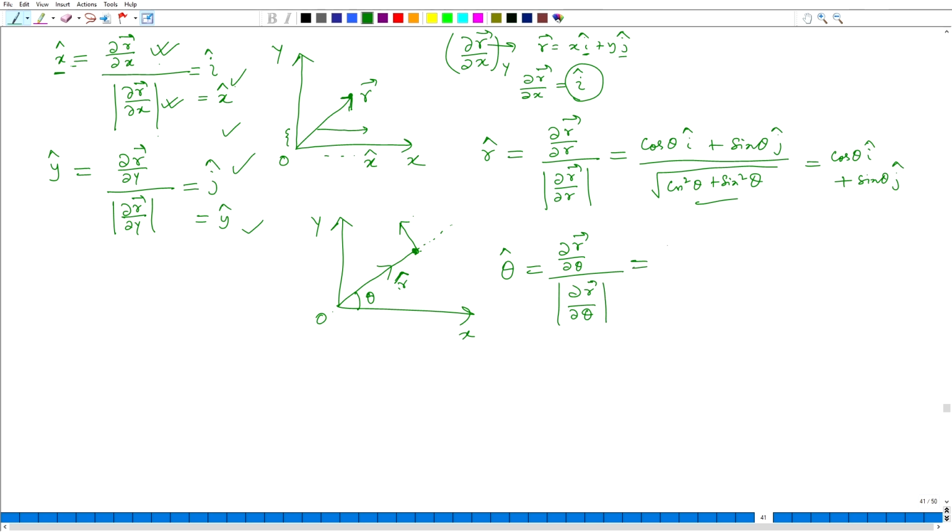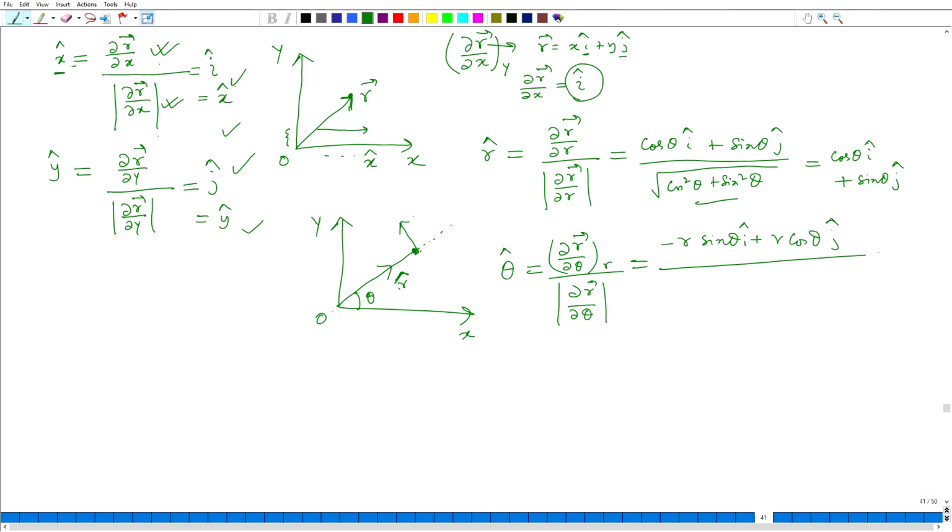If you take the derivative with respect to theta, keeping r constant, it will give you minus r sin theta i cap plus r cos theta j cap. And what will be the modulus of this? This will no longer be 1.